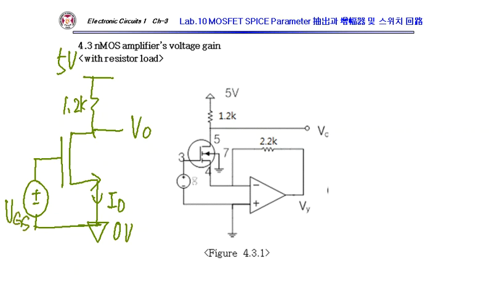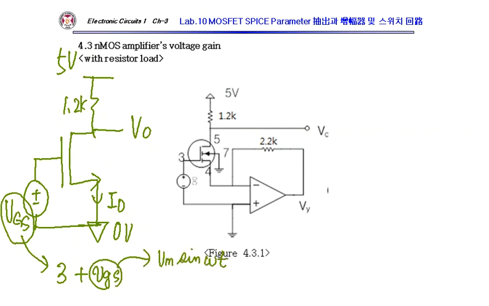So I need some DC gate voltage here. I'm not sure exactly, but you can put something like 3 volt plus a very small sine wave here. This sine wave may be very small, very low frequency. Okay.